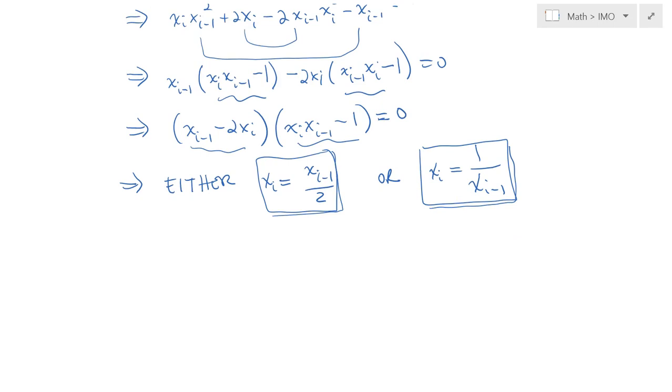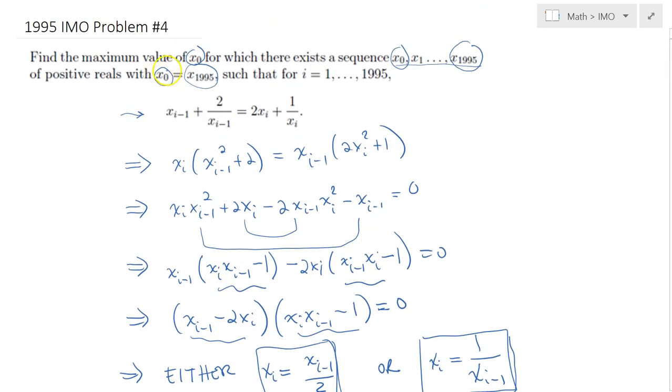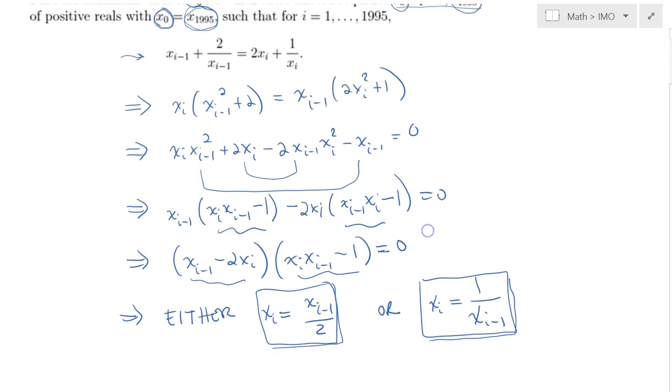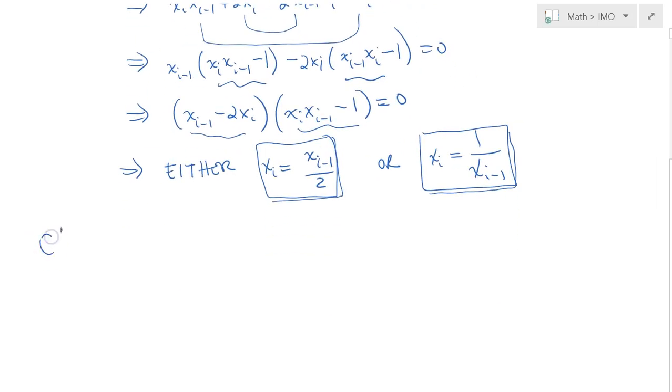Having noticed that, we can focus back on what we need. Starting from x0, we want to go to x sub 1995, and I would like to start with the following observation. I would like to make it into a claim.